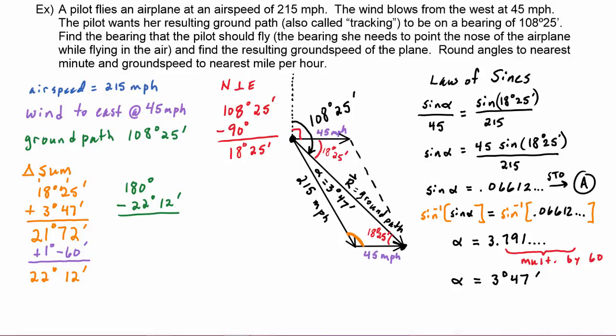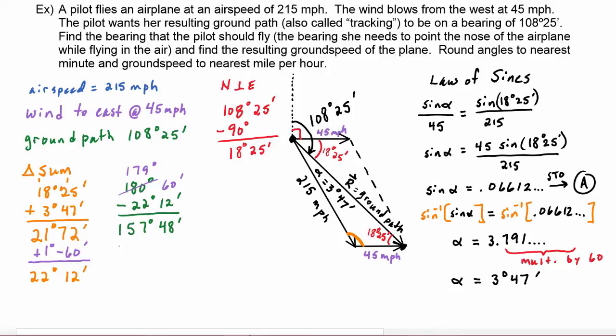We will need to borrow, so that 180 degrees becomes 179 degrees 60 minutes. 60 minus 12 is 48 minutes. 9 minus 2 is 7. 7 minus 2 is 5.